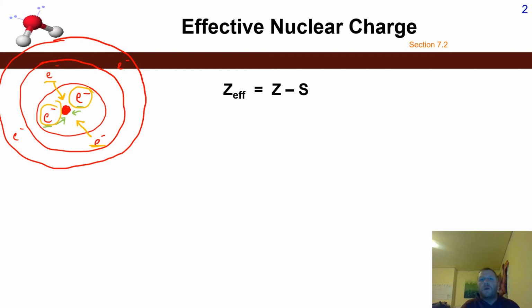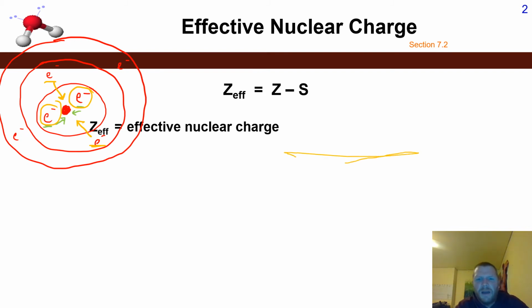Well, they're basically going to be shielding. And so we use this term Z sub EFF, or the effective nuclear charge, in order to take that into consideration. So Z sub EFF is the effective nuclear charge.